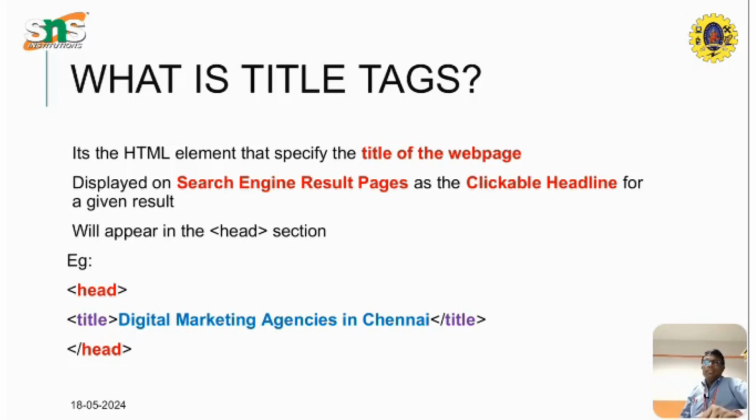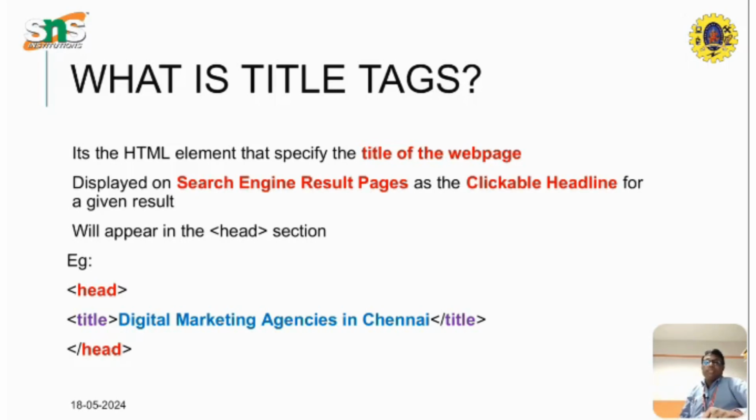Actually, this is called tags. The word between the less than and greater than symbols is called a tag. So there is an opening tag and a closing tag, and we will have to put our information in between these two. Remember, this head, the title, these things are not displayed on the web page, only the content between the two tags is displayed.